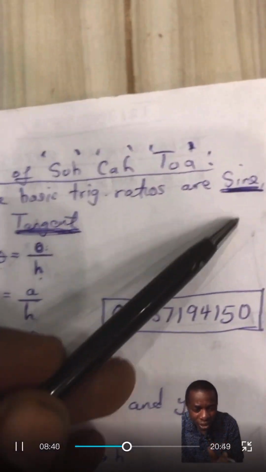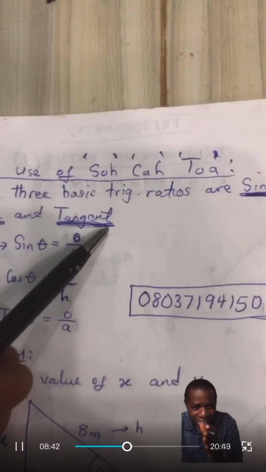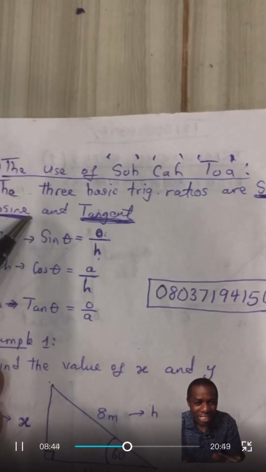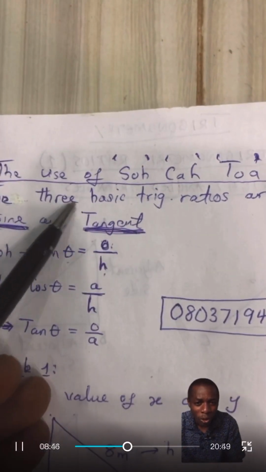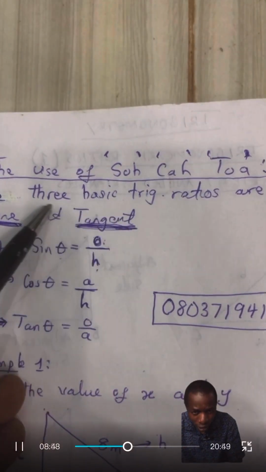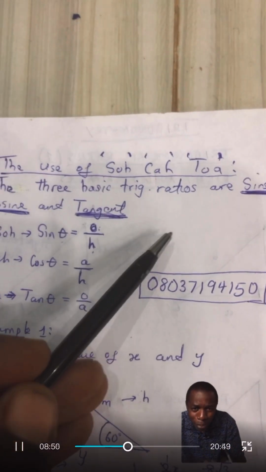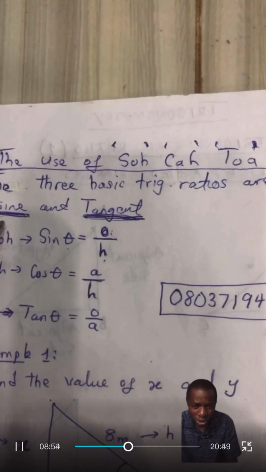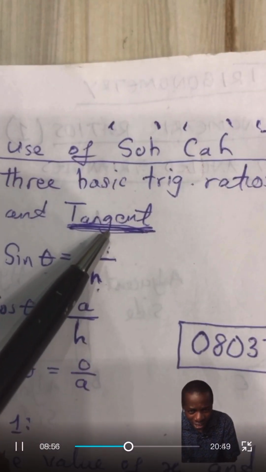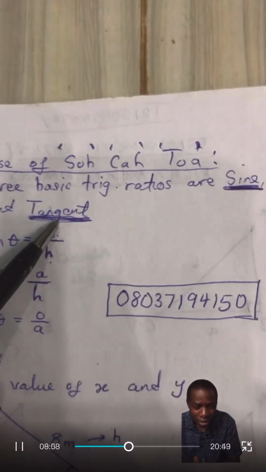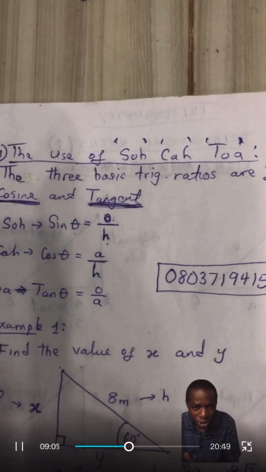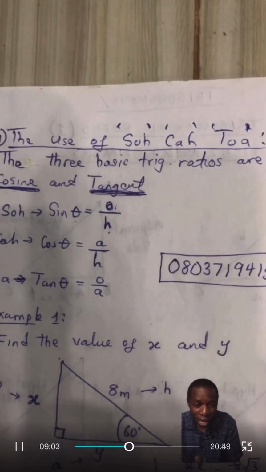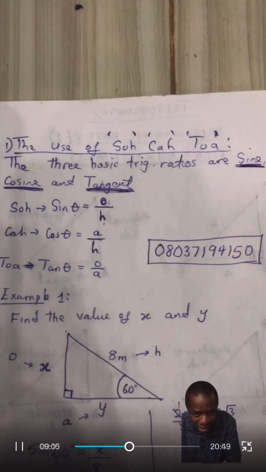Now sine, cosine and tangent are the basic trigonometric ratios. It means there are others, but the basic ones are these three mentioned: the sine, the cosine and the tangent. The others can be secant, cosecant and cotangent.